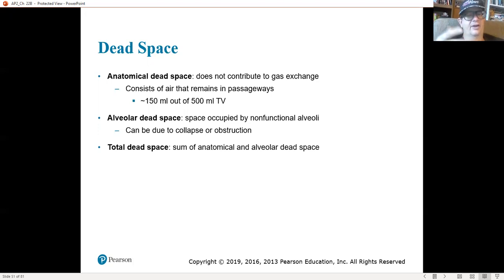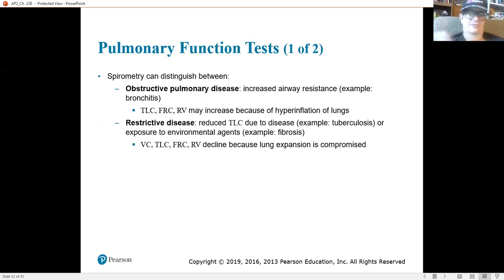This is the air in the passageways that you're not using. So 150 milliliters out of the 500 milliliters you breathe in and out for tidal volume. The alveolar dead space is collapsed or damaged alveoli. Any air that is in there, you can't do a gas exchange with. So total dead space is anatomical dead space plus alveolar dead space. That's not surprising.